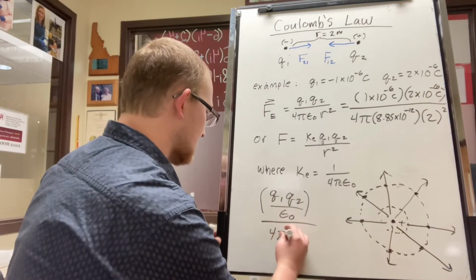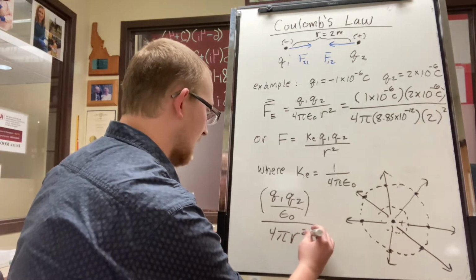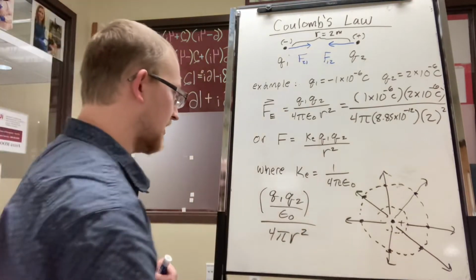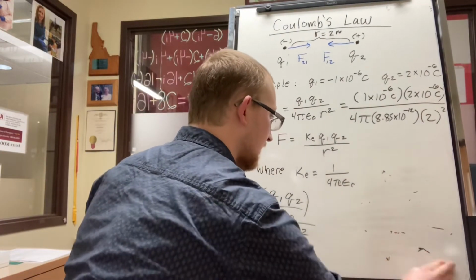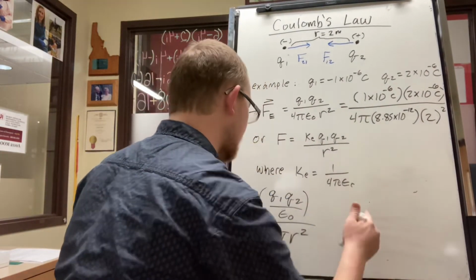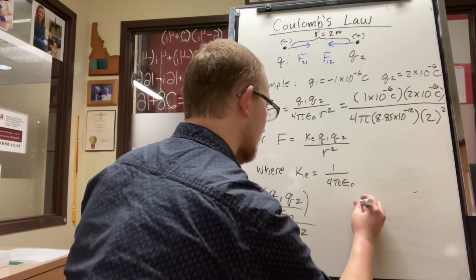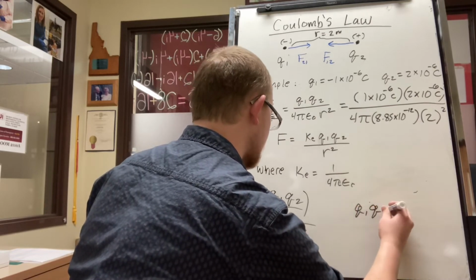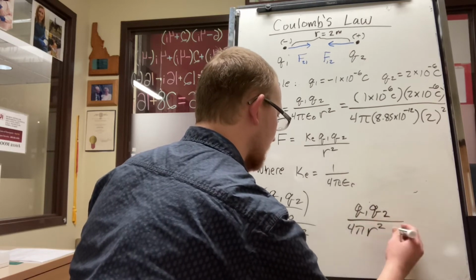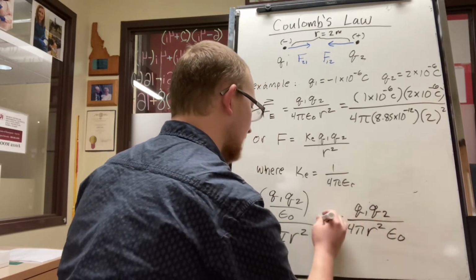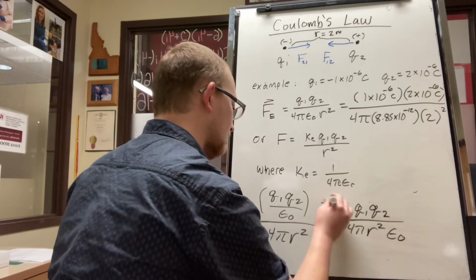And remember, the surface area of a sphere is 4 pi r squared. So you'll notice we can work this out, and we end up with the equation as we first wrote it: Q1 times Q2 divided by 4 pi r squared epsilon sub naught. And we're back to where we started.